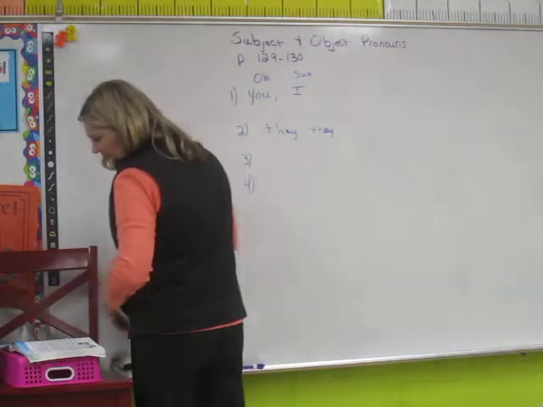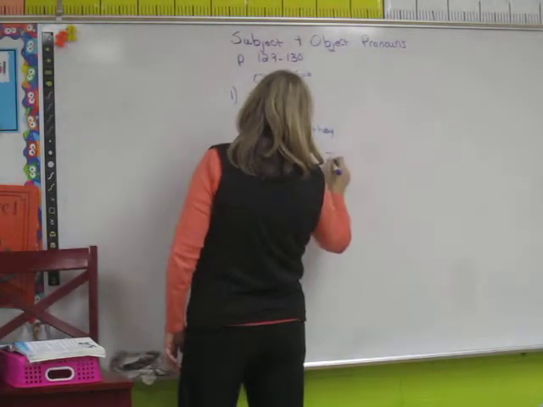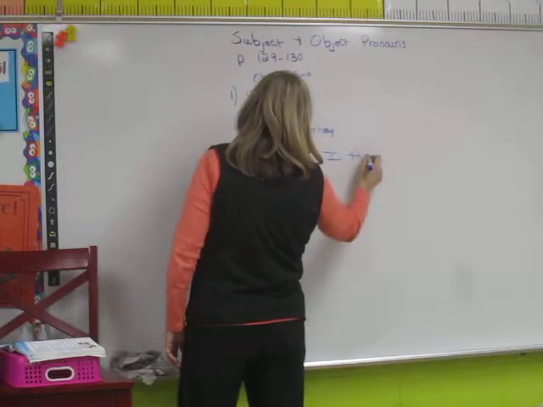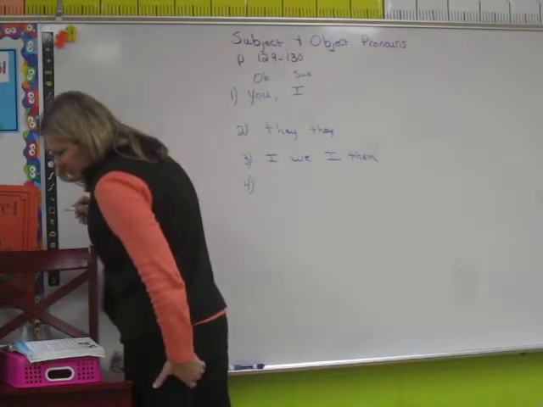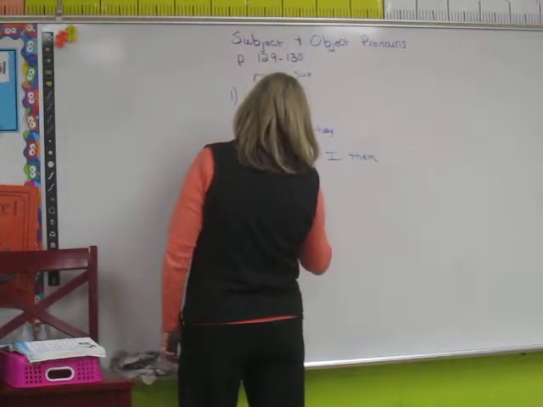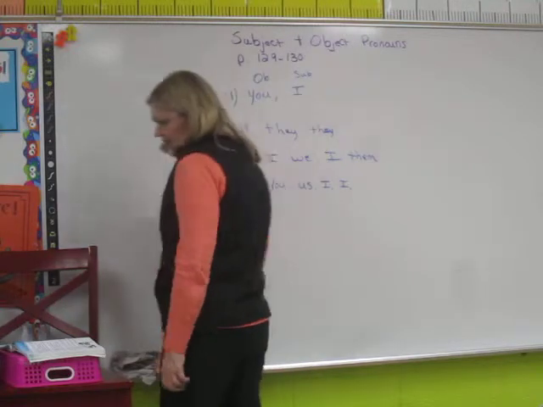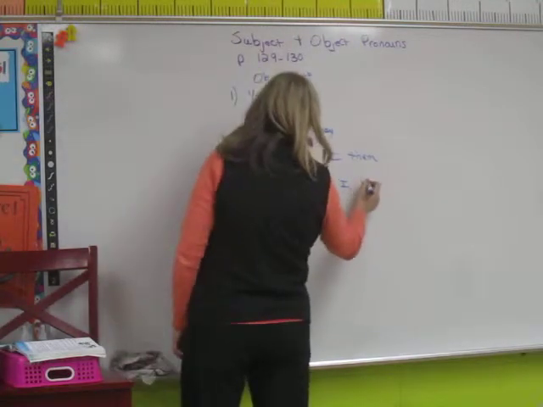Number 3, you should have I, we, I, and them. And for number 4, you should have you, us, I, and you.